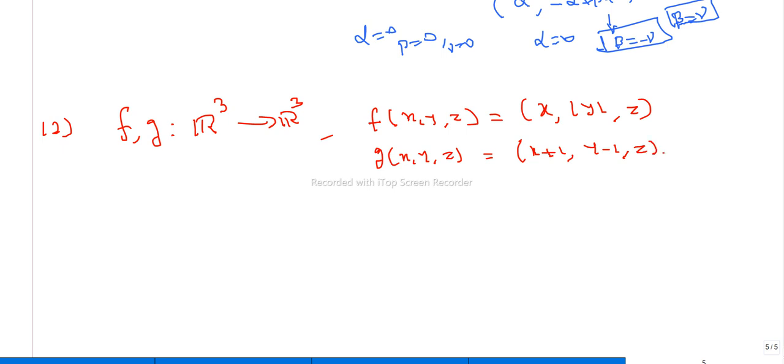So which one is linear? The options are: both f and g are linear; neither f nor g is linear; and one is linear and another one is not linear. So which one is linear, which one is not, or both?